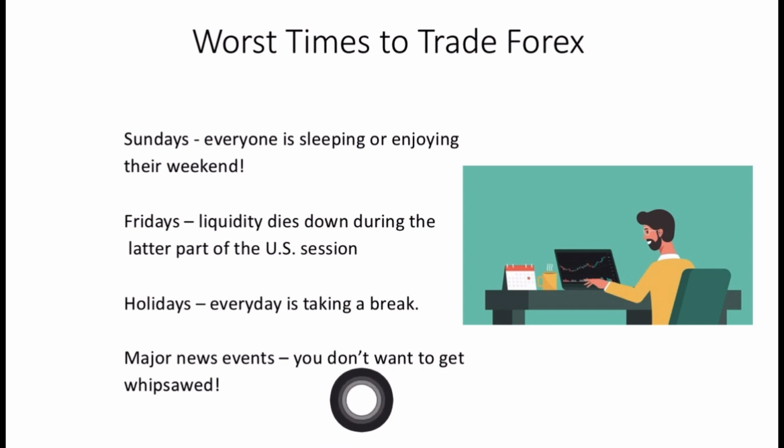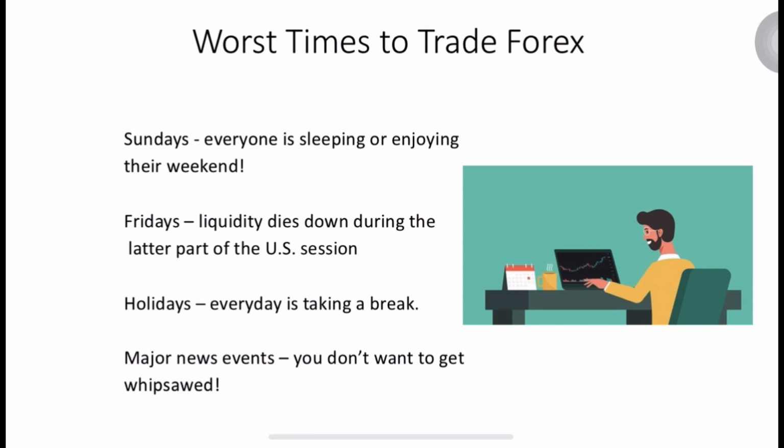Major news events. You wouldn't want to get into the market when major events happen, which bring high or low volatility. Say you trade a certain currency, like EUR/USD, and then NFP drops. NFP is non-farm payrolls, which indicates how many jobs have been added to or removed from the US economy.